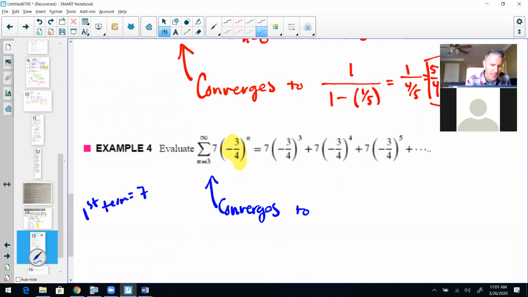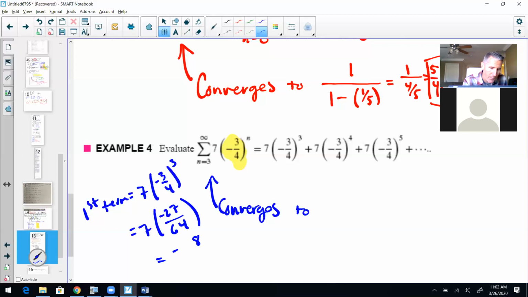I plug in 3 for n, and I get that the first term is 7 times -3/4 to the 3rd power. So this is 7 times -3 cubed, which is -27, over 4 cubed, which is 64. 7 times -27, for some reason I had a 4 in my mind.